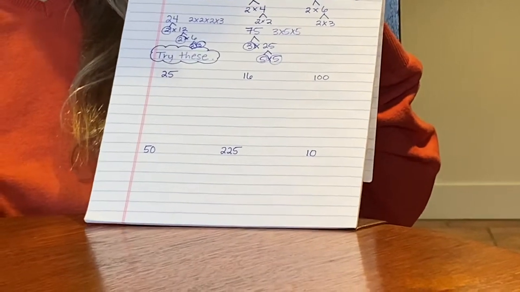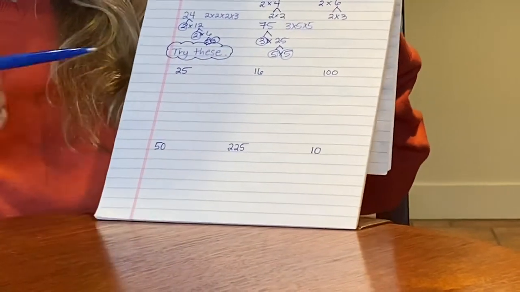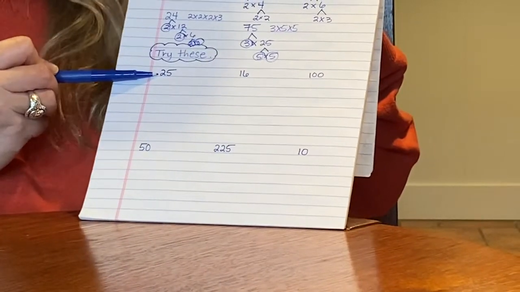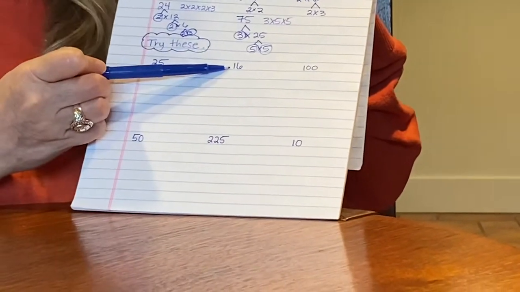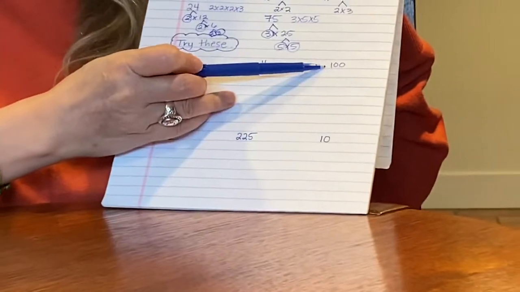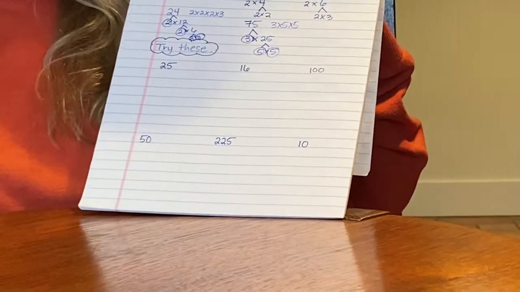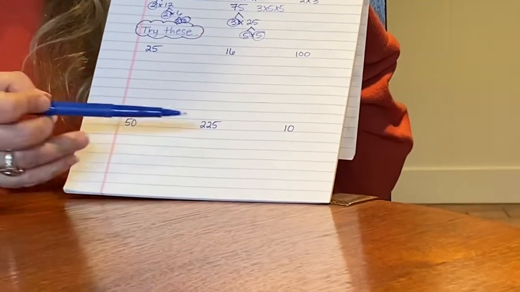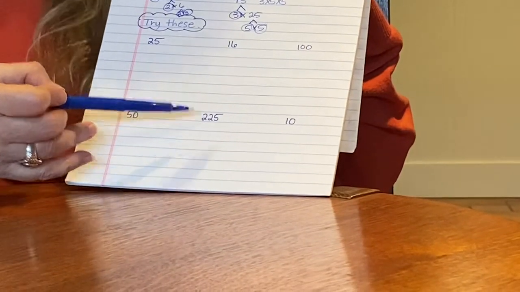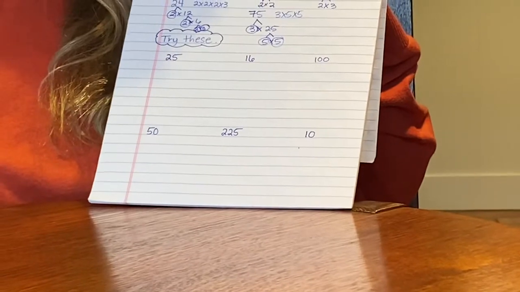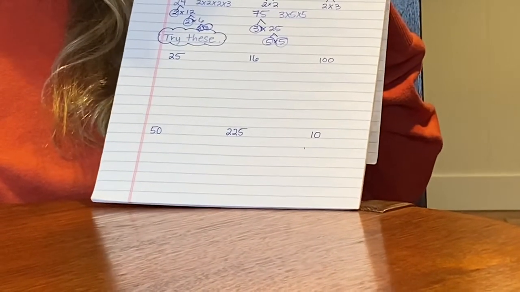All right? So those numbers are 25, 16, 100, 50, 225, and 10. Write them down, pause the video, and come back to check your answers.